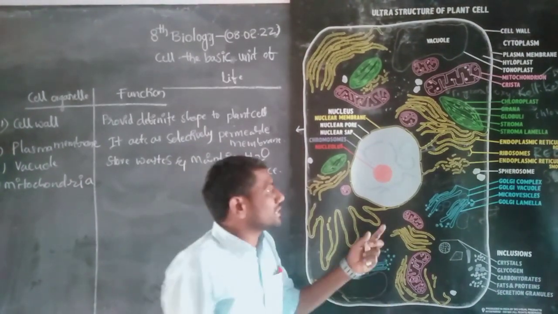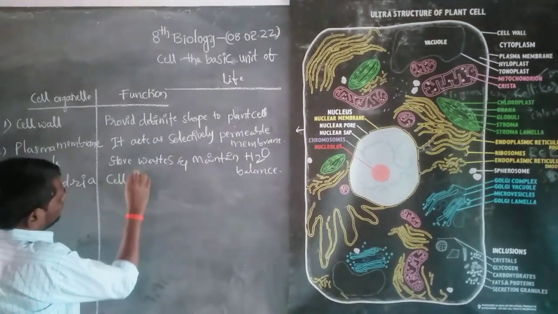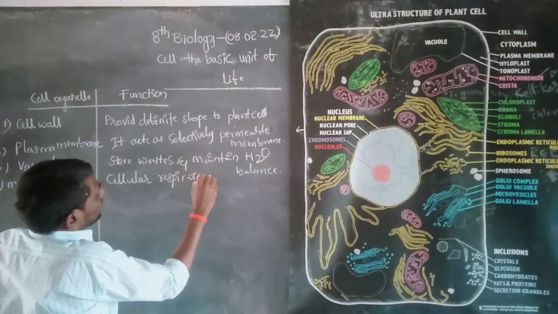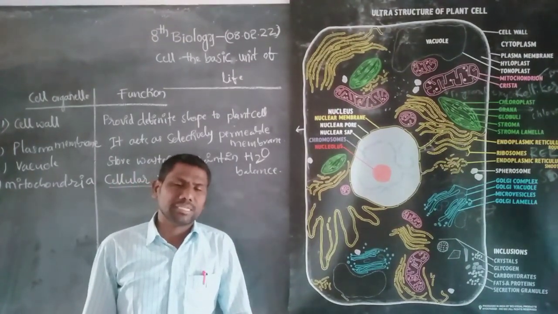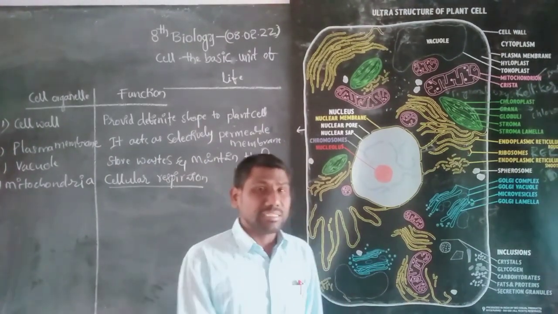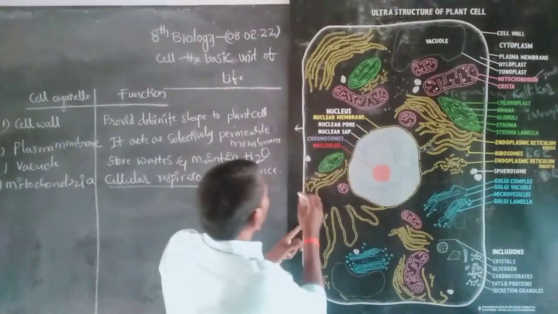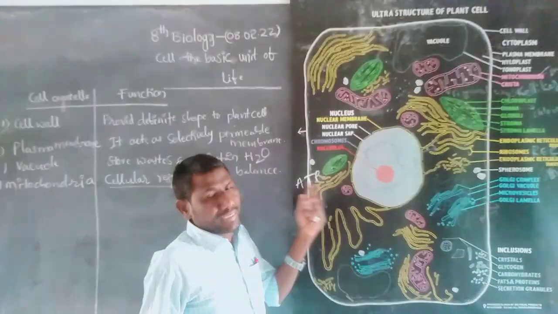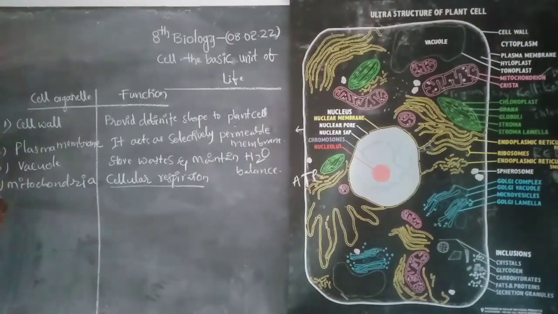What is its function? It participates in cellular respiration. When it participates in cellular respiration, energy is released. That energy is stored in mitochondria in the form of ATP, adenosine triphosphate. That is the function of mitochondria.